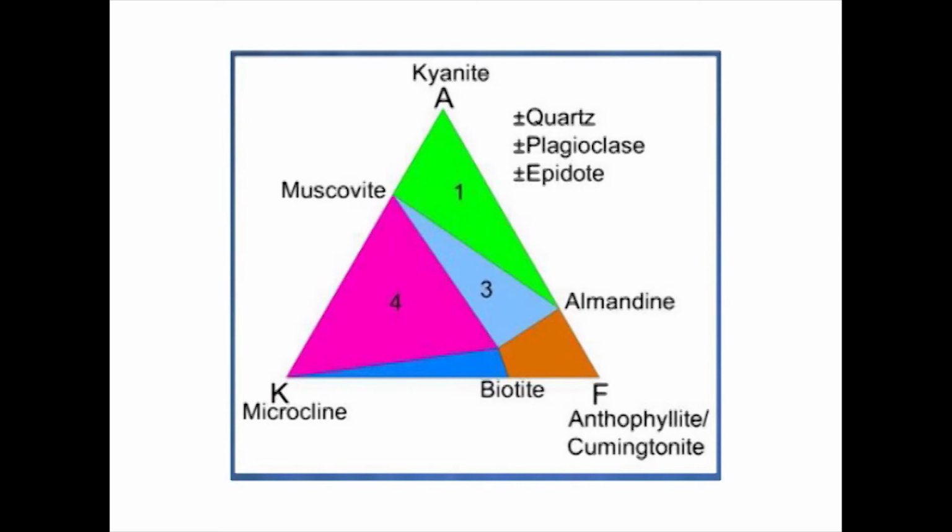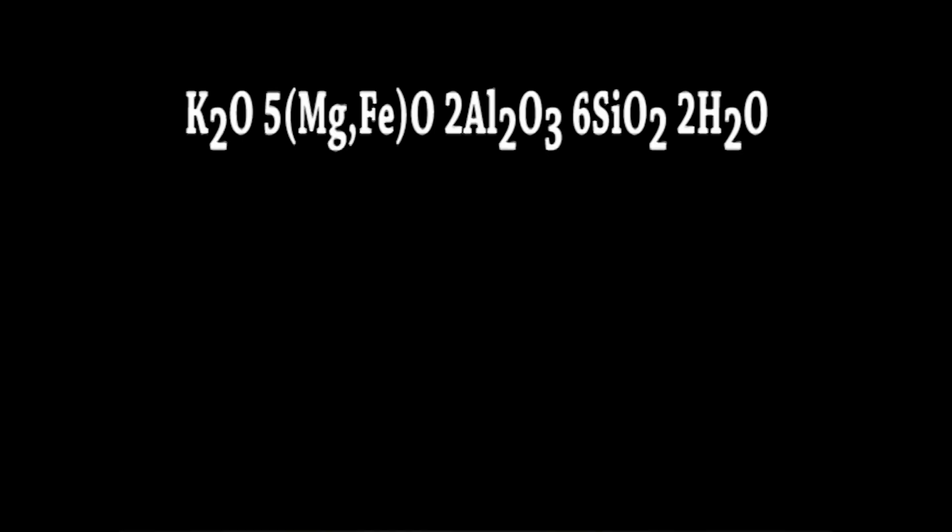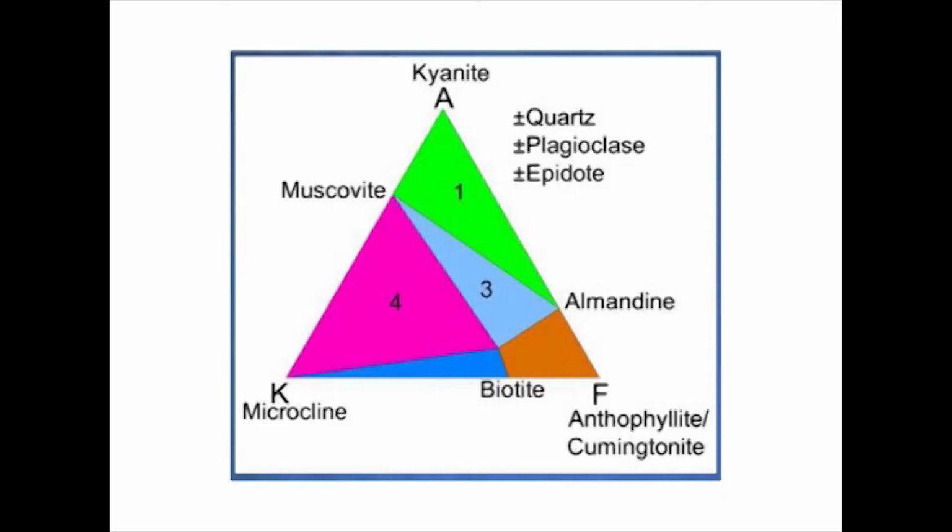K is approximately constant at 14% K, 86% F. For example, biotite of composition K2O·5(Mg,Fe)O·2Al2O3·6SiO2 and 2H2O. Therefore, A equals 14, K equals 14 and F equals 72.